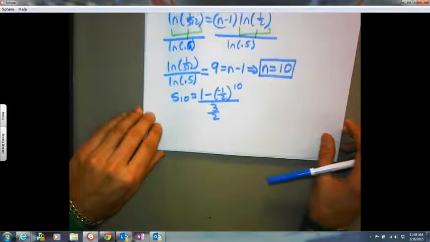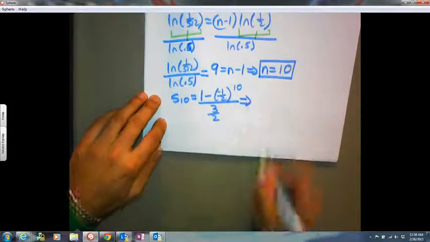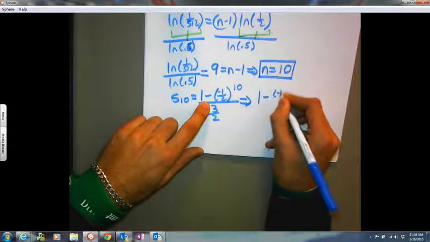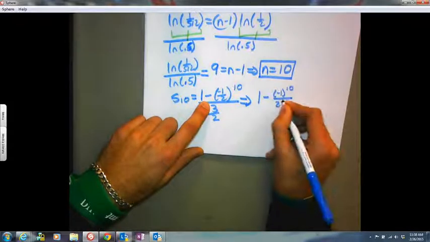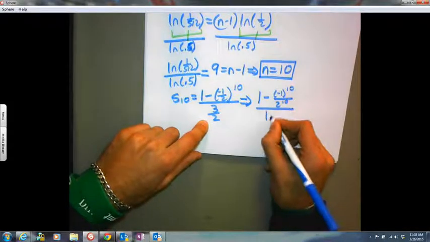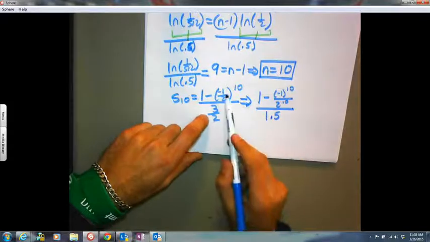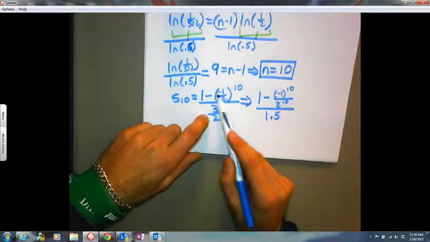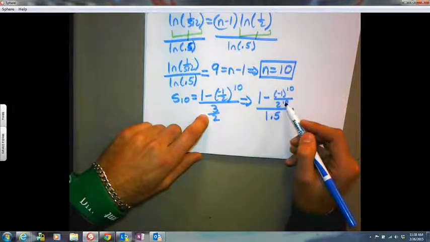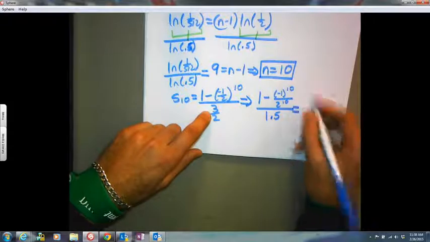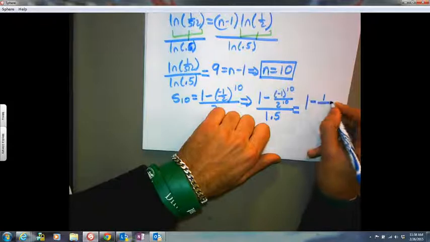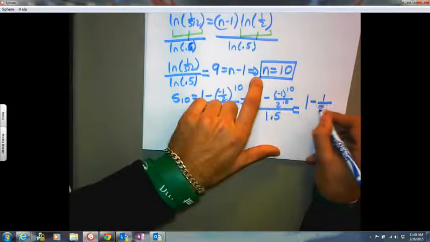So let's take a look at what this equals. Well, this is just 1 minus (negative 1 to the 10th over 2 to the 10th), all divided by 3/2, which is 1.5. Please understand that if you have a fraction, you can split it and do the numerator to that power divided by the denominator to that power. So 1 minus negative 1 to the 10th is just 1, and 2 to the 10th is some huge number we'll get on the calculator, all divided by 1.5.